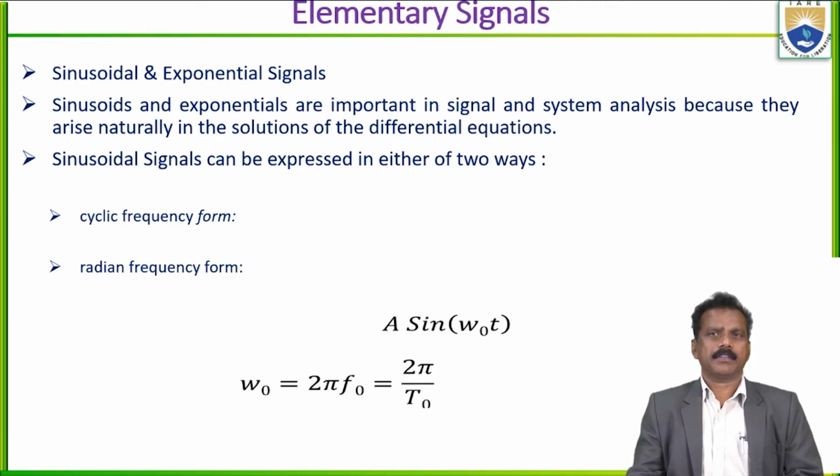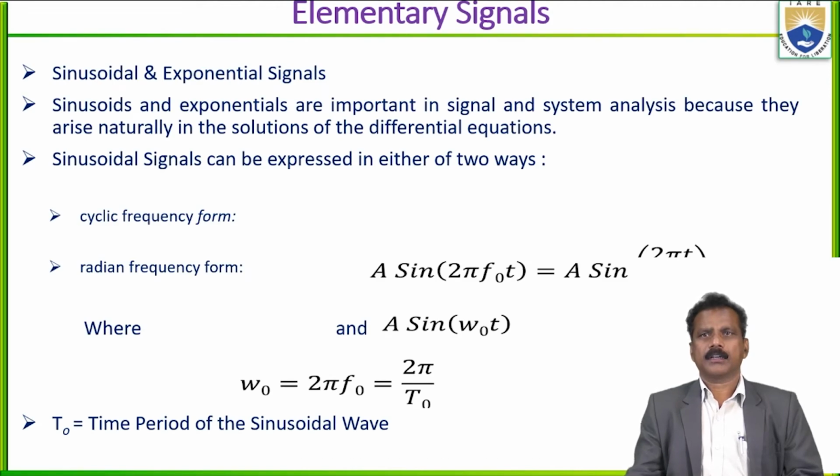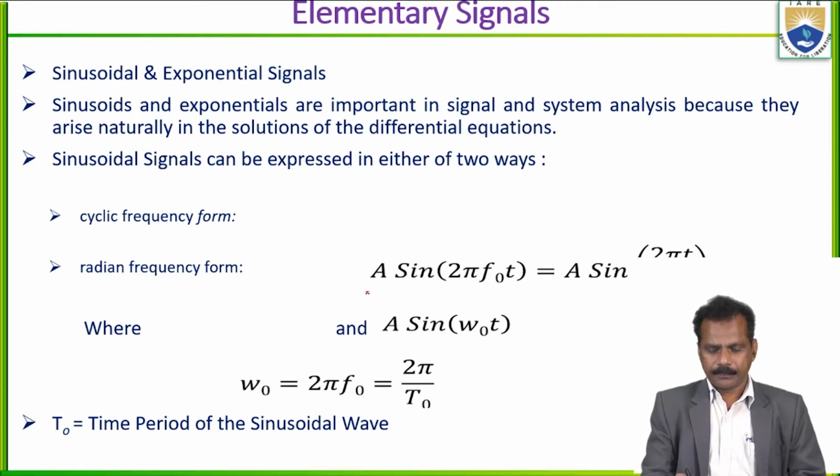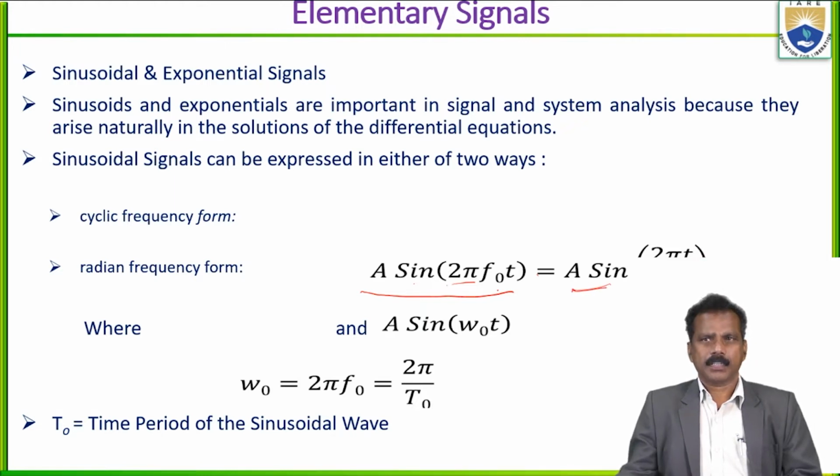In the cyclic frequency form, you can easily represent it in mathematical notation as A sine of 2 pi f naught t, which is equal to A sine 2 pi t by T naught, which is also A sine omega naught t.